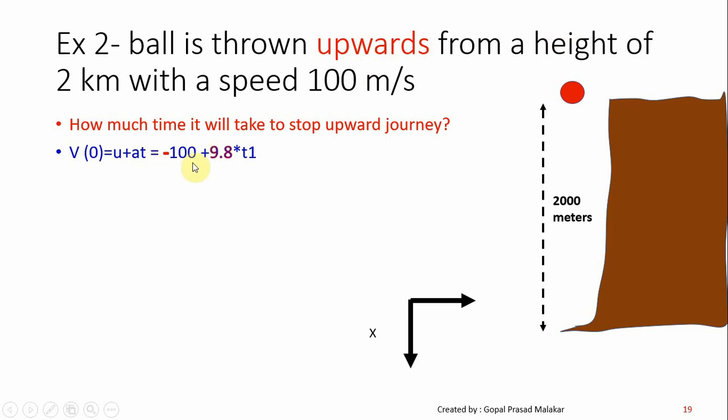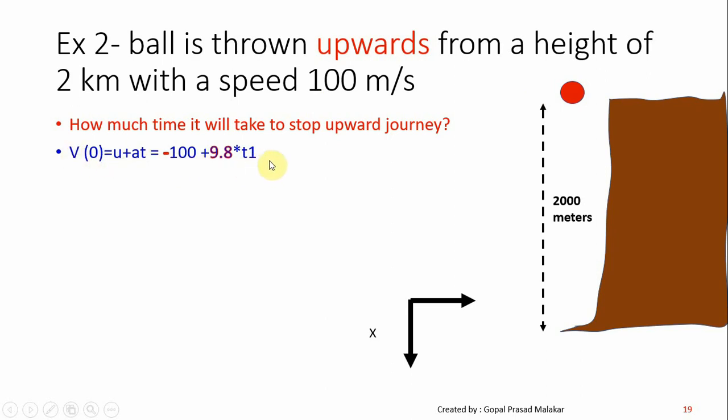So minus 100 plus 9.8 t, till the time the velocity has any negative component, obviously it will keep going in the opposite direction. So when this equation becomes 0, the upward component, the magnitude becomes 0, and then obviously it will start the journey downward. So terminal velocity is 0.